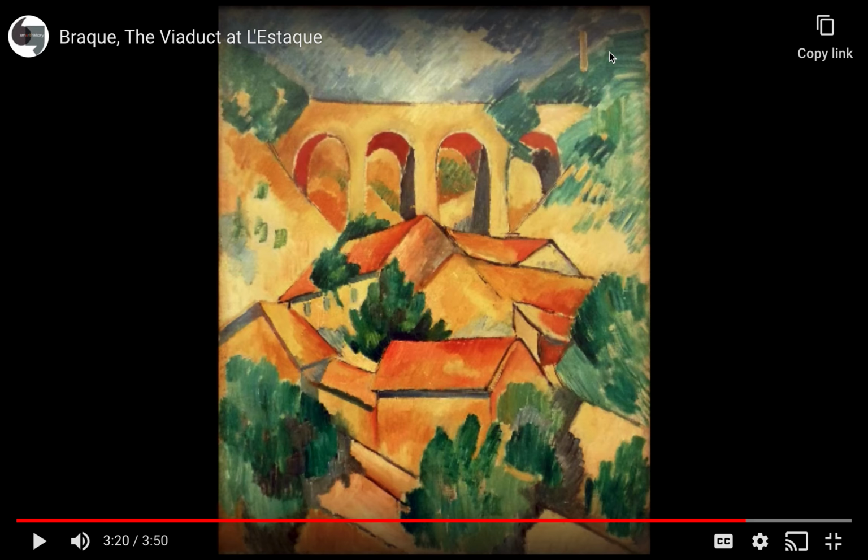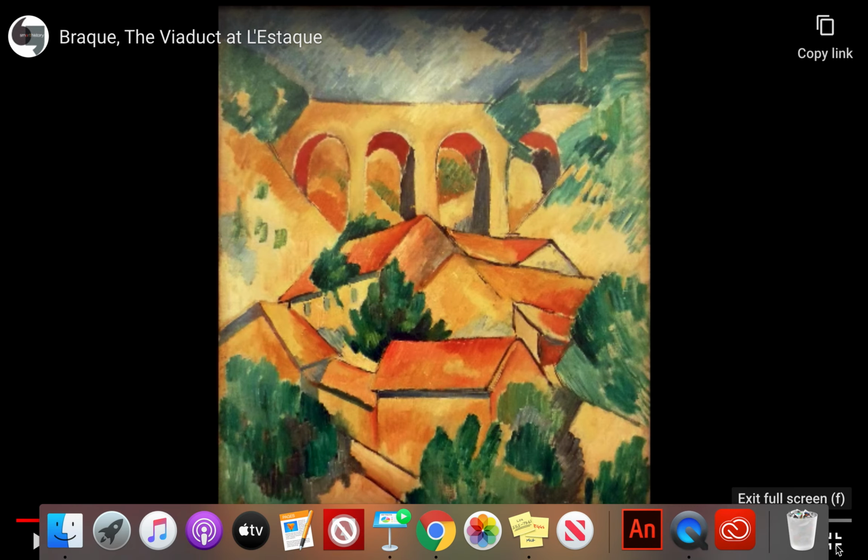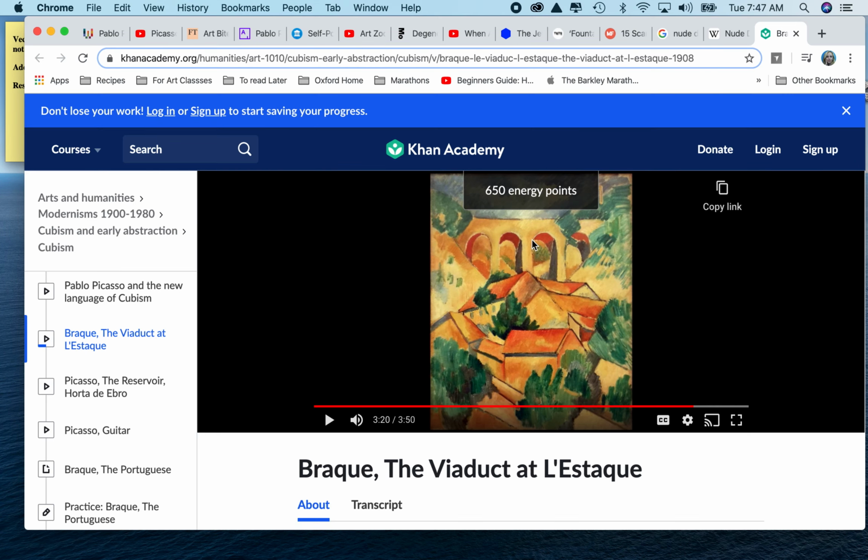So in a way, they're really breaking the myth that this is a space that you're looking into, right? That this is a window into another reality. They're reminding you that this is just a painting and nothing more.